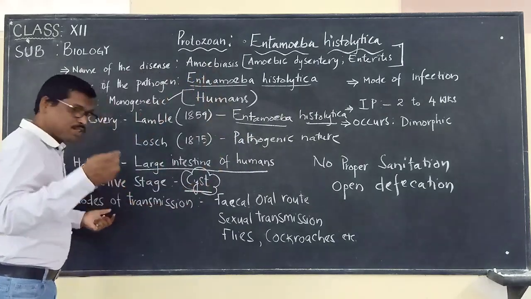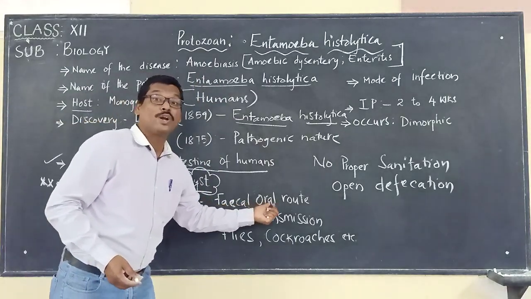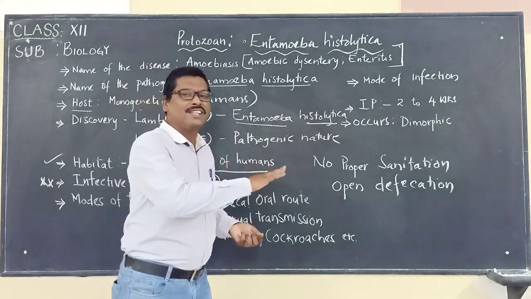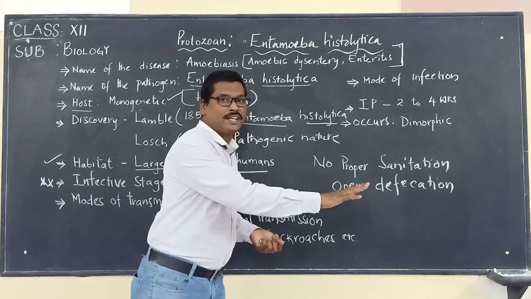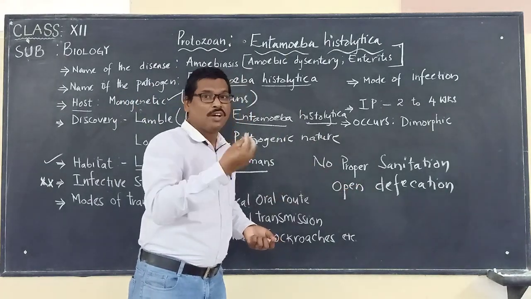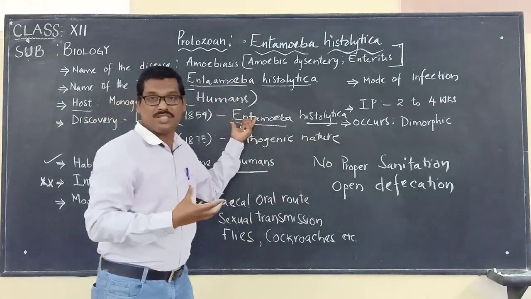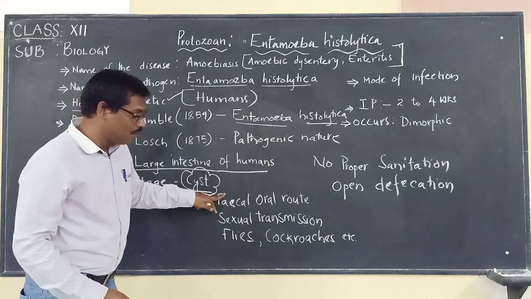So that's why we say the mode of transmission is the fecal oral route. Fecal oral route means the fecal matter is defecated, and through oral contact we are taking food which is contaminated with this particular pathogen. That's why we use the word fecal oral route.